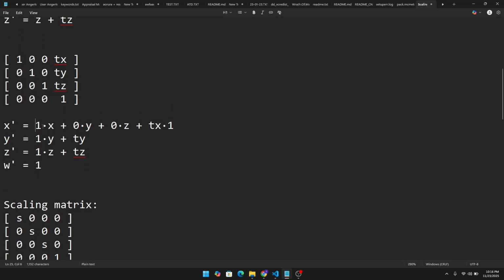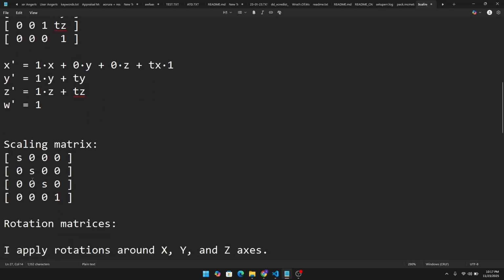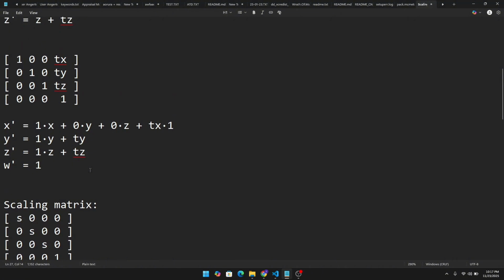So x is 1 times x plus 0 times y plus 0 times z plus tx times 1. In y, it's 1 times y plus ty. Z will be 1 times z plus tz. W will be just 1.